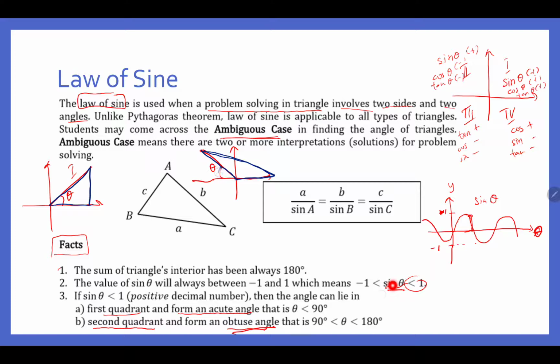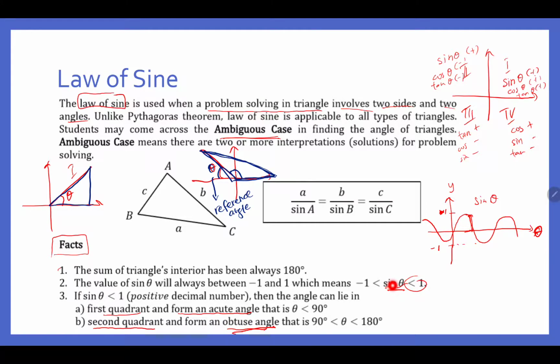Yang theta ni kita namakan dia reference angle, tapi real angle dia dekat sini untuk triangle tu. Cara nak lukis triangle kita ambil daripada yang first quadrant sampailah dekat second quadrant.